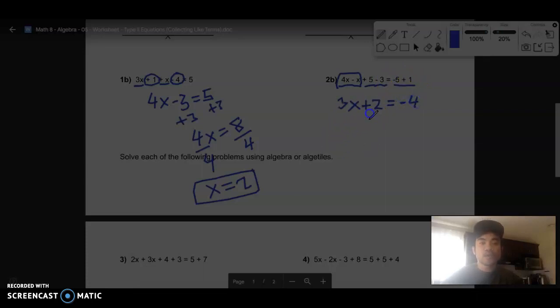Okay, so now I'm going to subtract 2 on both sides. Now this one goes away. I should get 3x equals negative 6. And how do I get rid of the 3? Well, I'm going to divide by 3 on both sides. And I should get x equals negative 2.